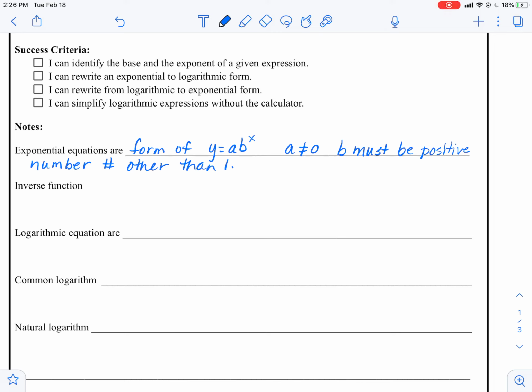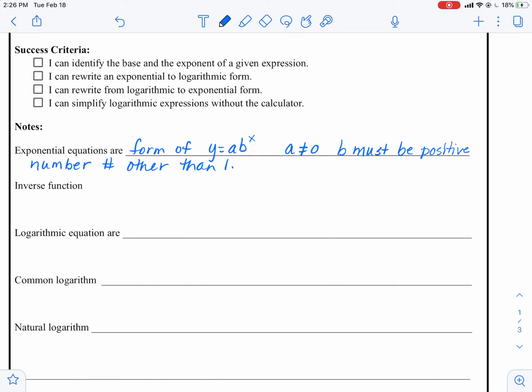Now, if you'll remember, we talked about inverse functions, and we'll go more into the inverse of an exponential and showing how to actually calculate the inverse of it. But just as subtraction undoes addition and division undoes multiplication, a logarithmic equation will undo an exponential function. And again, I will show you how to solve that.